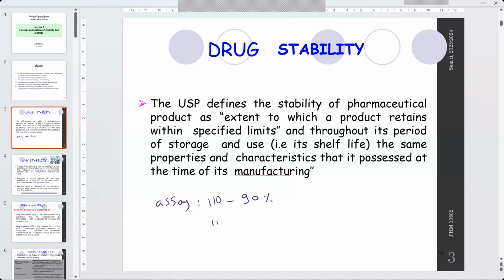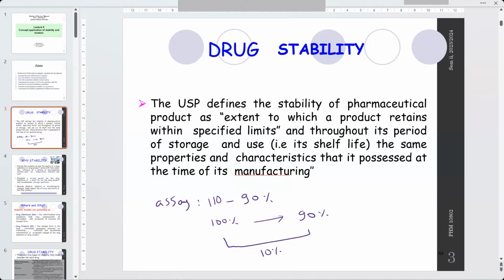So at the time we produce the medication, maybe the concentration is 100%. The acceptable limit is only up to 90%. So during the storage period, the drug may lose 10% of its assay. This is the acceptable limit. Okay, this is a specified limit here for assay.